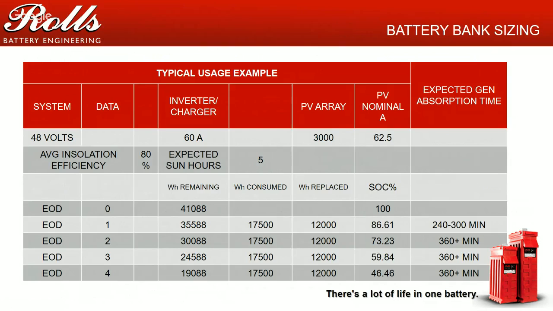At the end of day 2, your state of charge drops below that 80% stage. Now you're looking at about a 6-hour absorption time on your generator, on your 60 amp generator inverter charger. So what's happening is, because of the size of the PV array, just over 3,000 watts on that 700 amp hour battery bank, the battery bank is basically slowly declining.